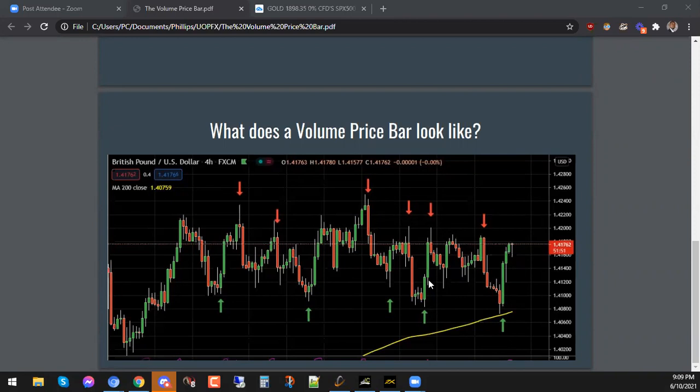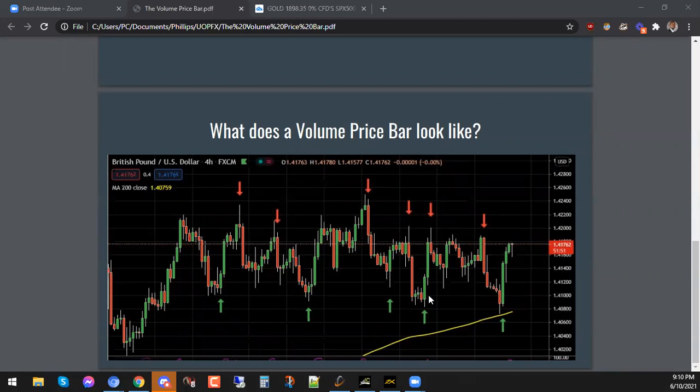Over here, we have a nice volume price bar as well. And this is actually on the 4-hour time frame. You could also find these on lower time frames, but you need to understand what time frame your instrument is moving within, because some instruments move smoother on the 4-hour time frame, while others may move smoother on the 1-hour time frame, and some may move smoother on the 15-minute time frame.